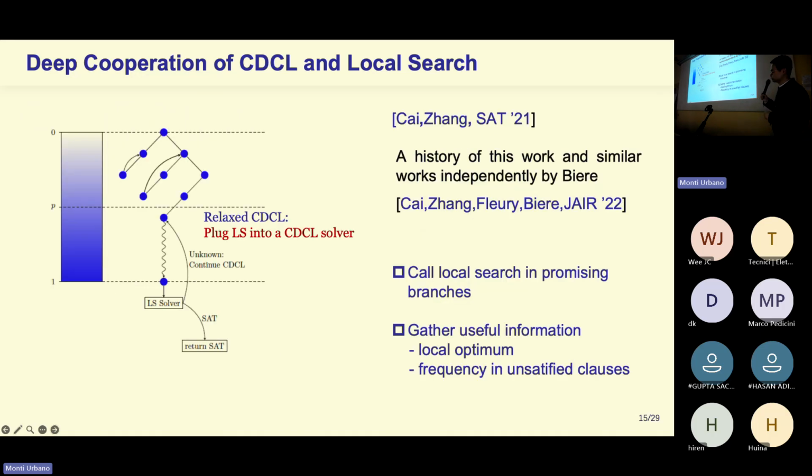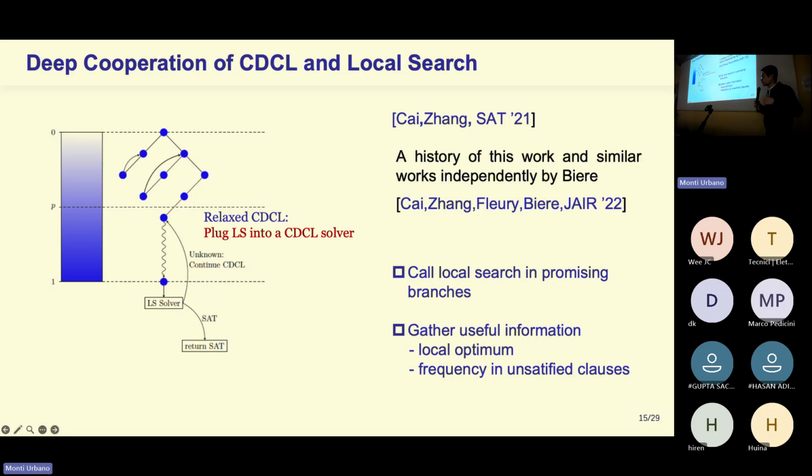This is the paper published at SAT 2021. And the basic framework is we call local search whenever we meet promising branches. Roughly speaking, a promising branch is a branch deep enough before meeting a conflict. And when we call local search, if we are very lucky, maybe it can find a solution.